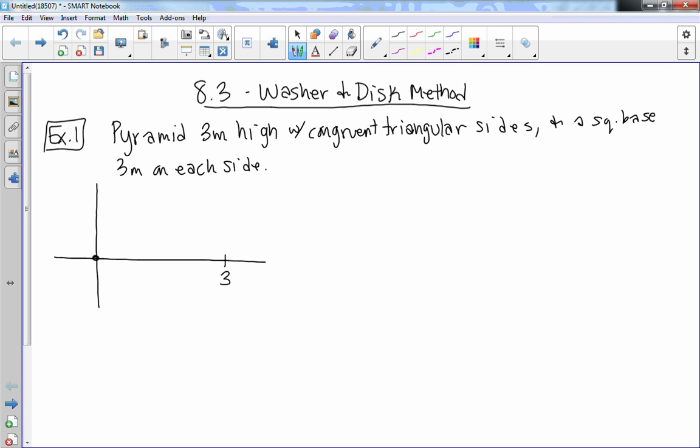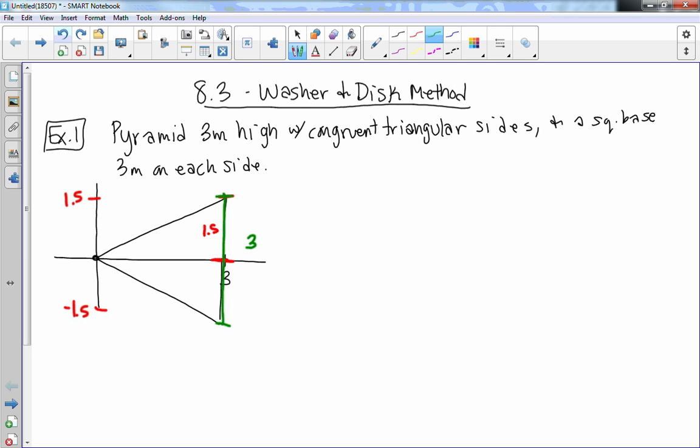So if I'm bringing my pyramid out, how tall is this length from the middle of the base to the edge? 1.5, yep. And this goes down to negative 1.5, right? But in total, it's 3, right?